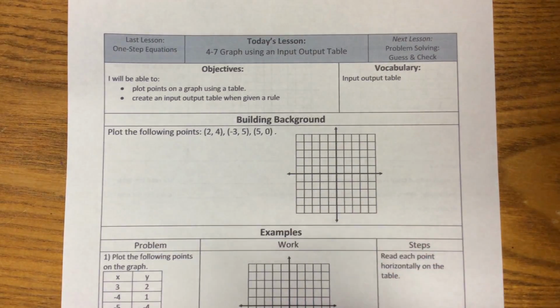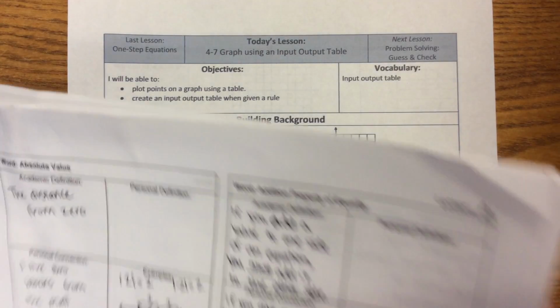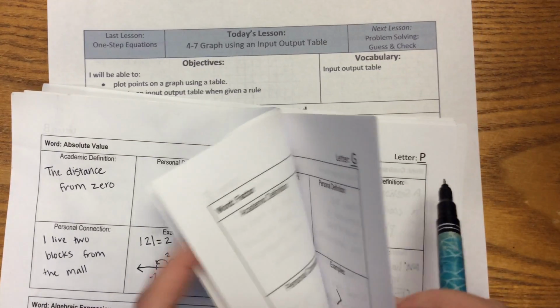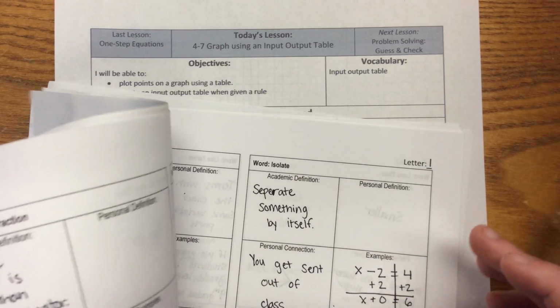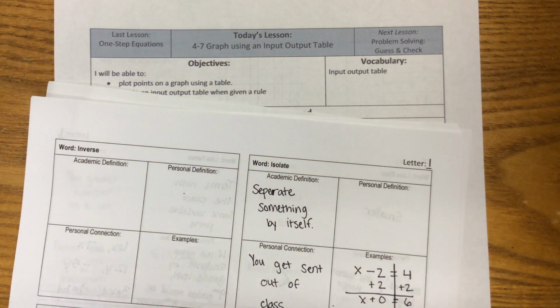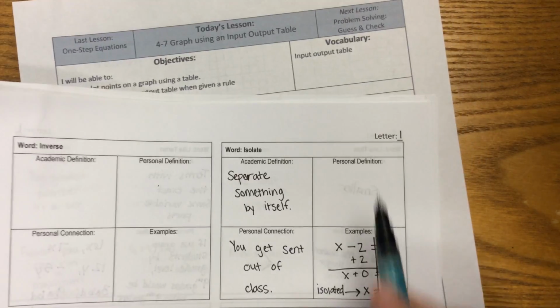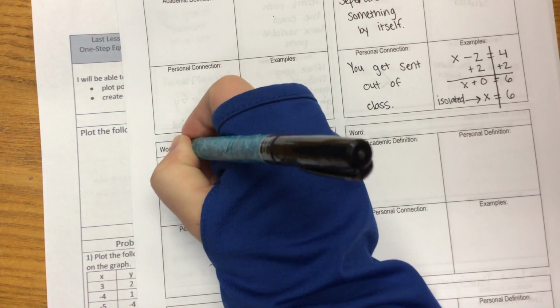So our vocabulary here is an input-output table, so I'm going to find I. So that's on page GHI. There's two I's. So it is not on either one of them, so we have to add it. So I'm on page 10 where there's I. We have isolate. So down here where we don't have a word, I'm going to make the word input-output table.